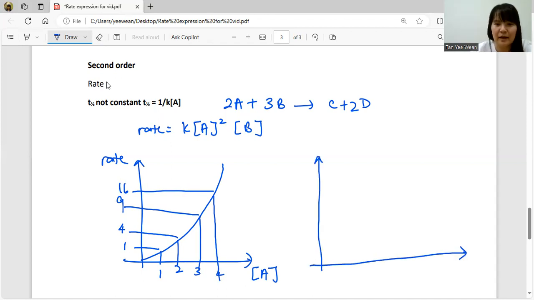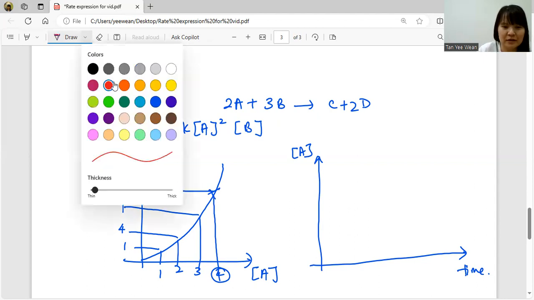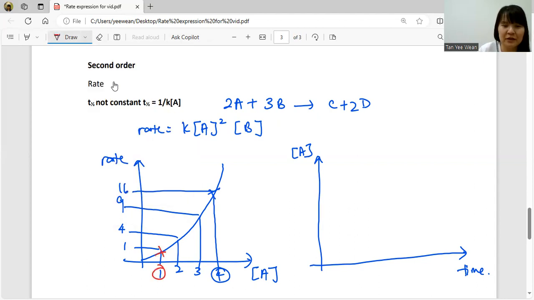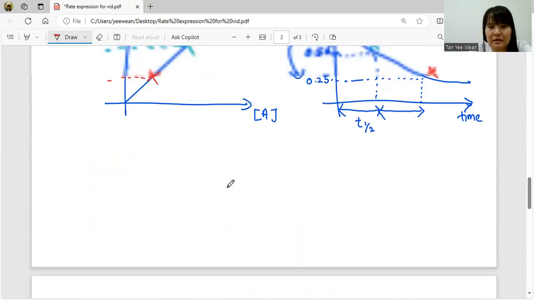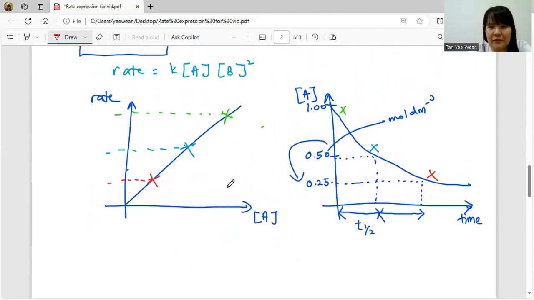Okay, how do we plot A versus time? At high concentration, the gradient is very much higher, and at low concentration, the gradient is very much lower. That sounds familiar. It's a little bit like the first order graph.